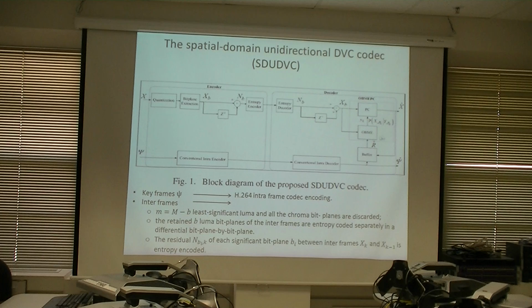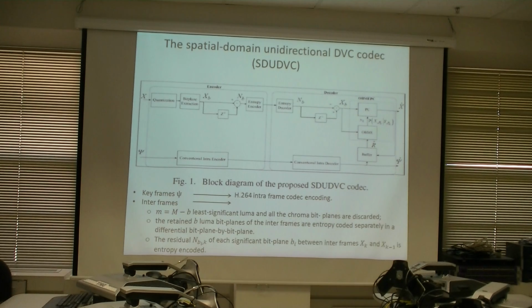But at the decoder side, we are missing the M least significant luminance and all the chroma bit planes, so the recovered interframe will not have good visual quality. So this paper proposes overlapped motion estimation probabilistic computation to recover the missing luminance and all the chroma bit planes.